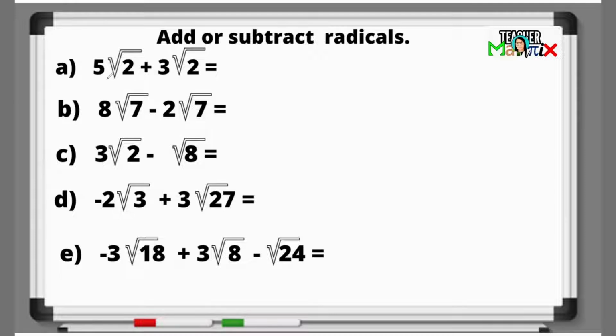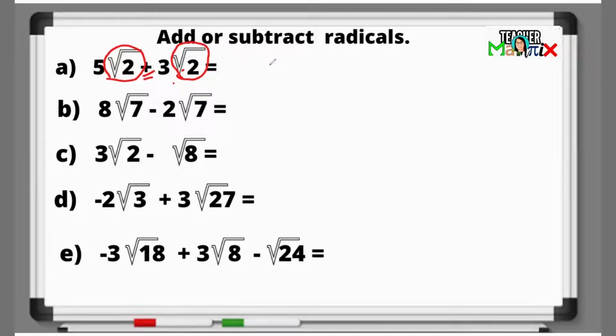The given is 5 square root of 2 plus 3 square root of 2. This is the radicand, the same with the other radicand. And the operation that is indicated in here is addition.